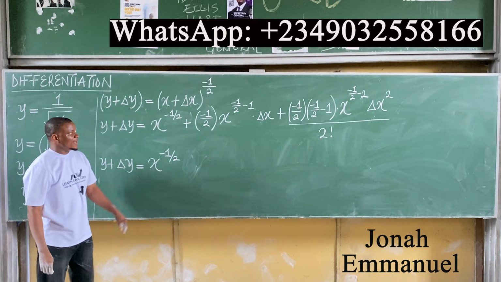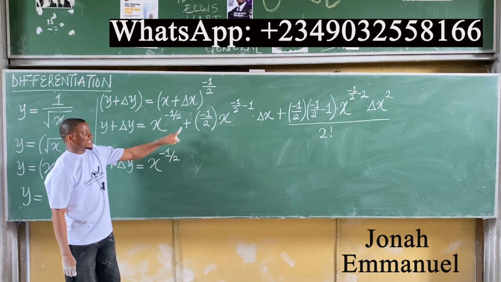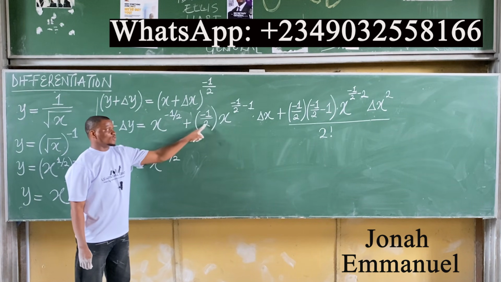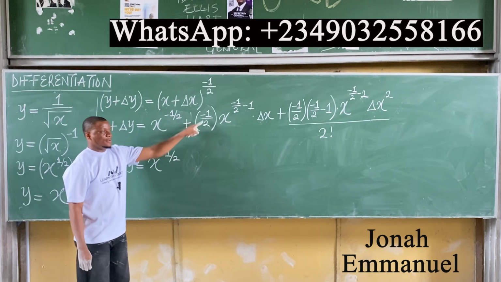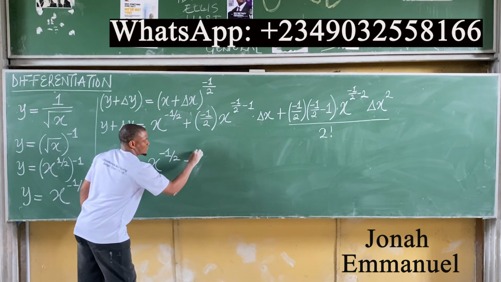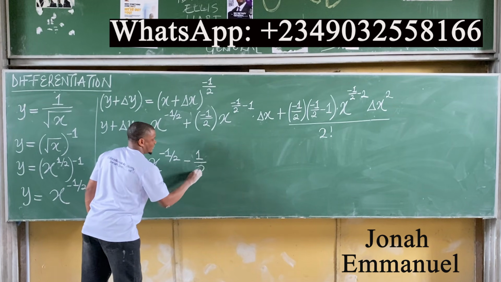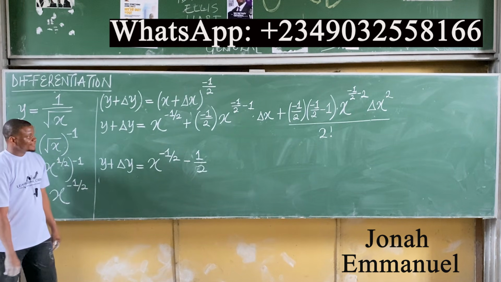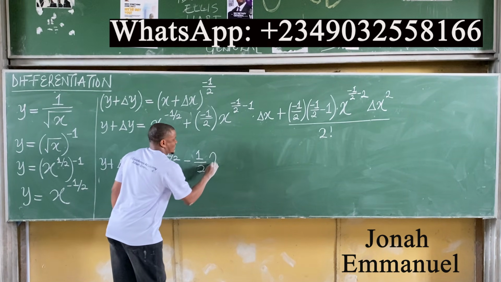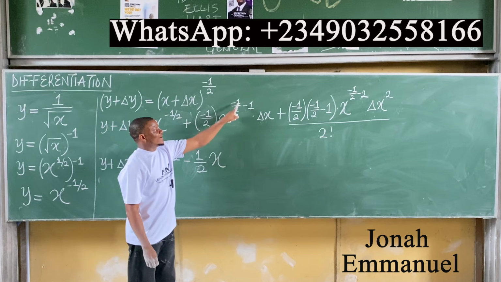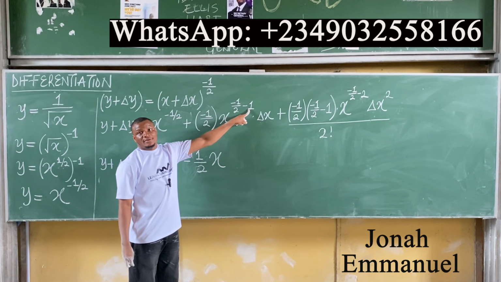Let me help out. This is plus minus 1 over 2. Plus minus gives you what there? It becomes minus 1 over 2. I don't know if you can see what I'm doing. Then x to the power minus 1 over 2 minus 2. Minus 1, what do you have there?